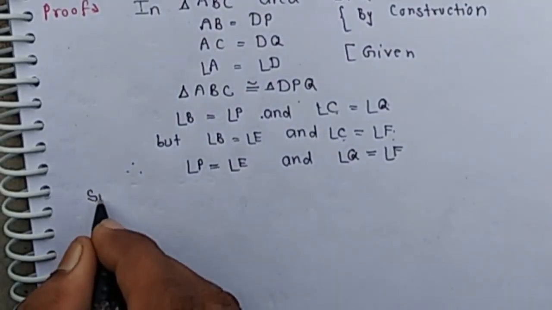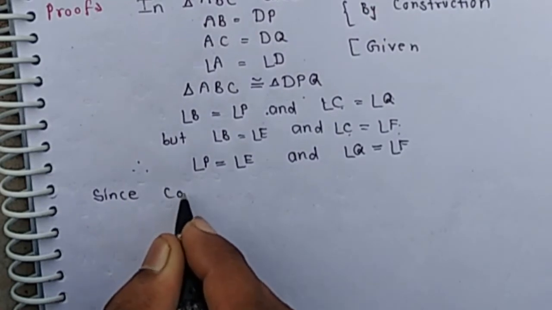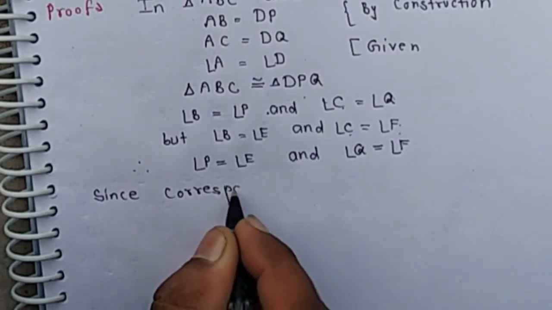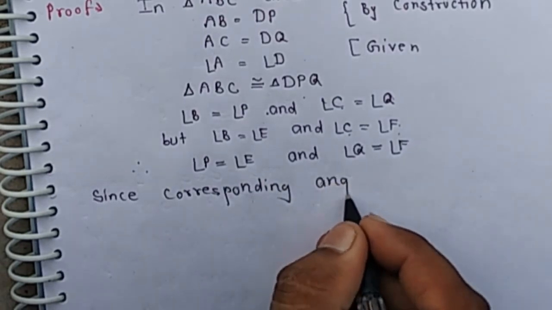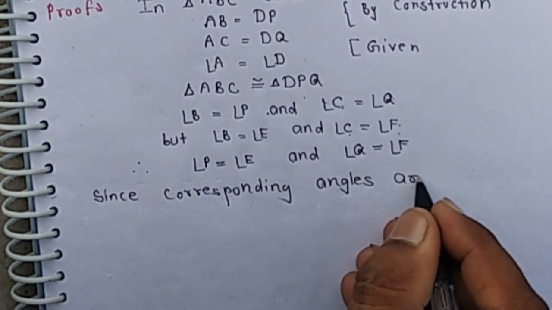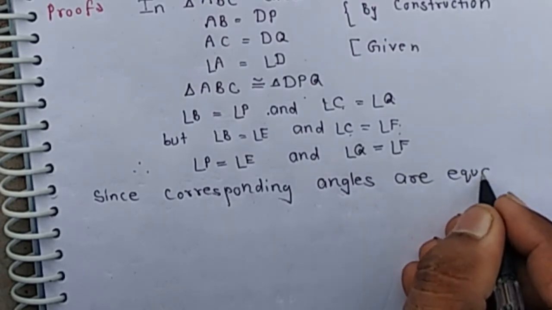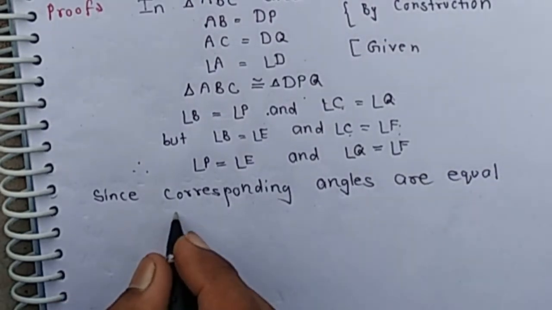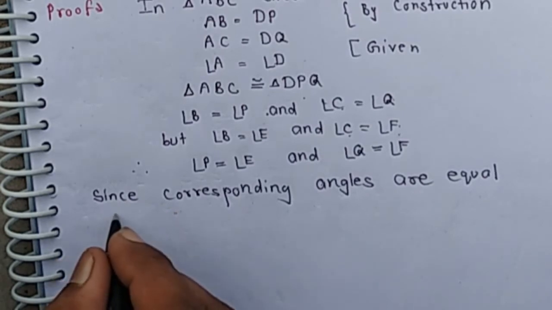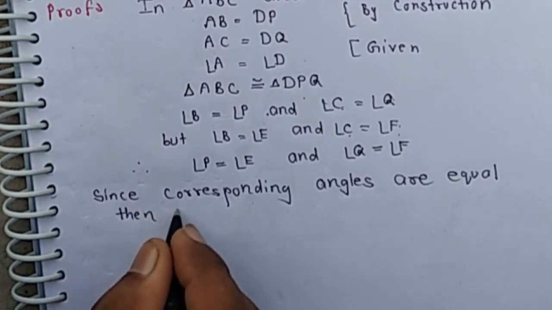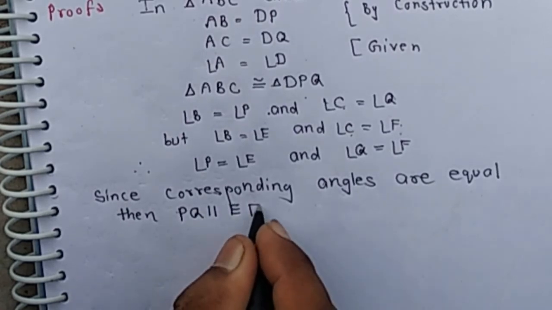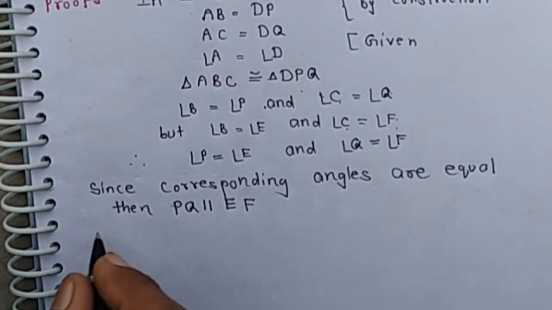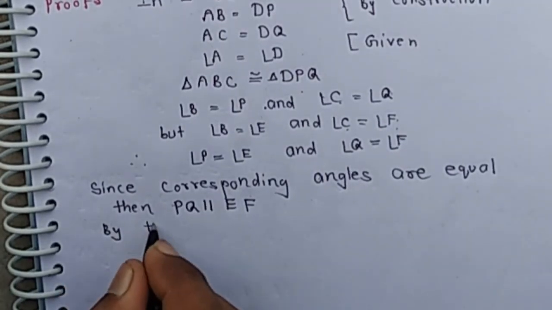Since corresponding angles are equal, PQ is parallel to EF, and when PQ is parallel to EF, we apply Thales theorem.